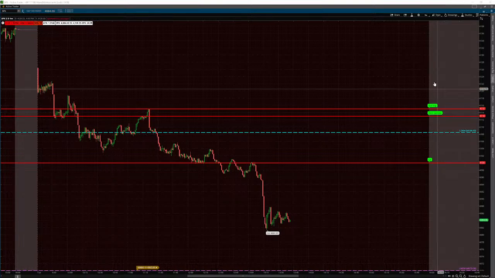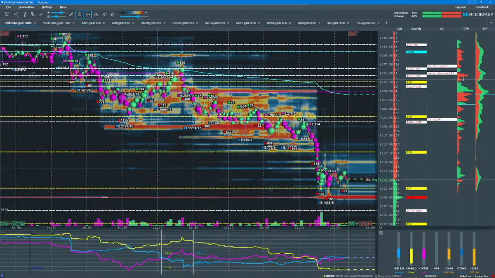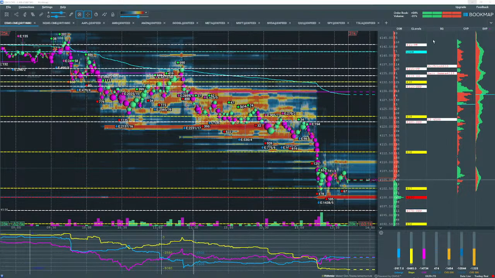All right, let's take a look at Bookmap now. And I've got the same levels on this chart with the addition of some other levels. So these are the Spotgamma cloud notes shown in this column, and there's the volatility trigger and the zero gamma level, the volatility trigger at 4115.